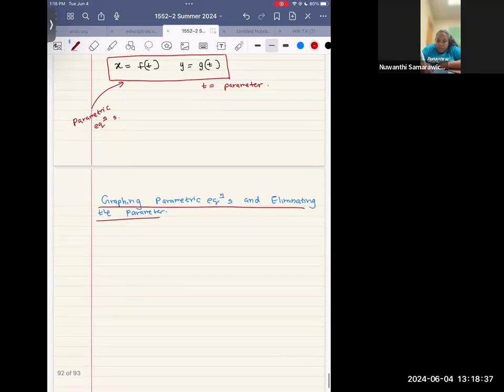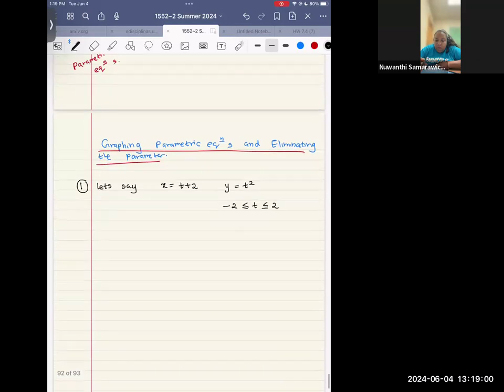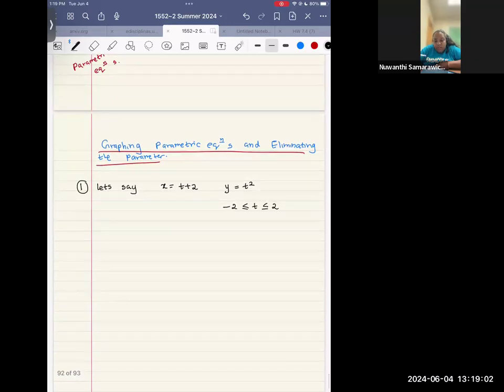The first one is, let's say, x is equal to t plus 2, y is equal to t square, and t is between -2 and +2.